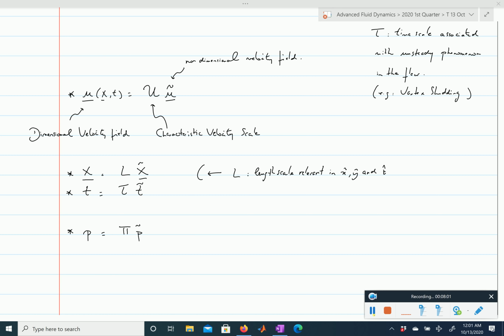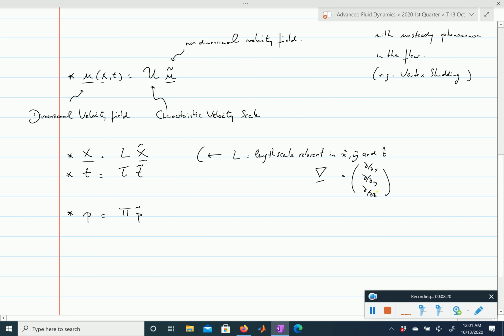And then note that what we also have are differential operators. And therefore, our differential operators we need to non-dimensionalize as well. Right, so this nabla is really a partial x, partial y, partial z. We have x, y, and z here.